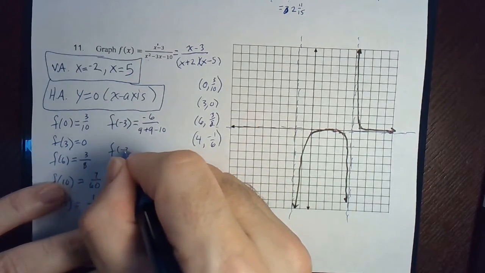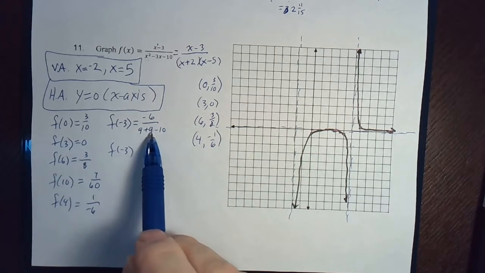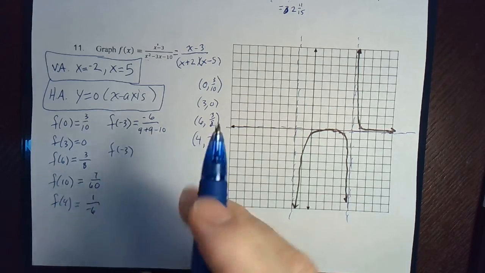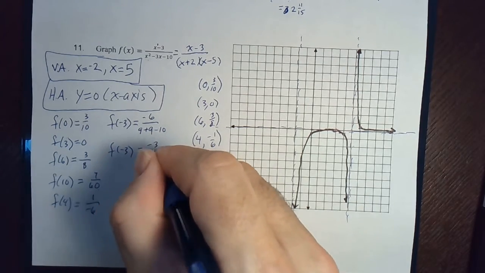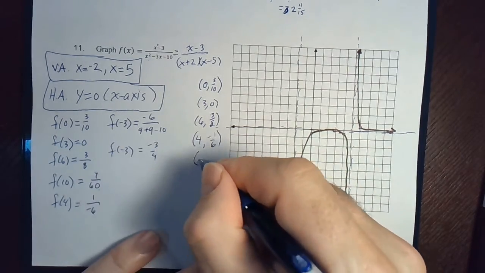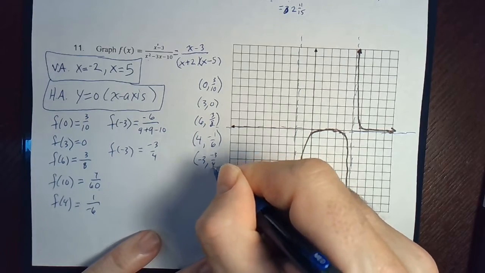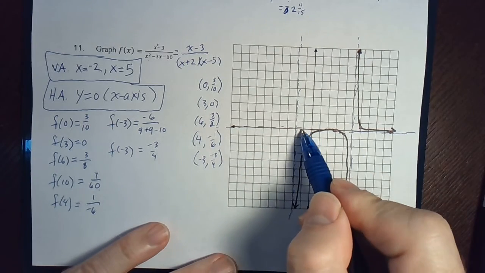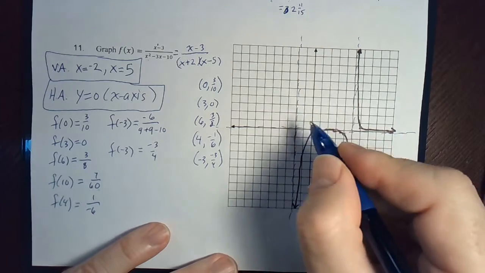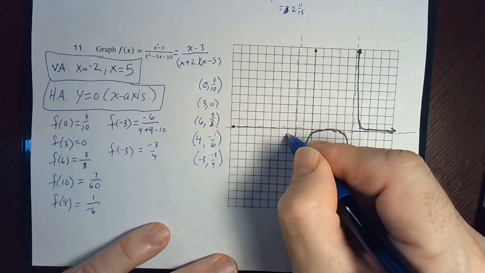So f of negative 3 is equal to negative 6 over 18 minus 10, negative 6 over positive 8. Negative 6/8 is negative 3/4. So negative 3, negative 3/4. 1, 2, 3. Negative 3/4 will be down about here.